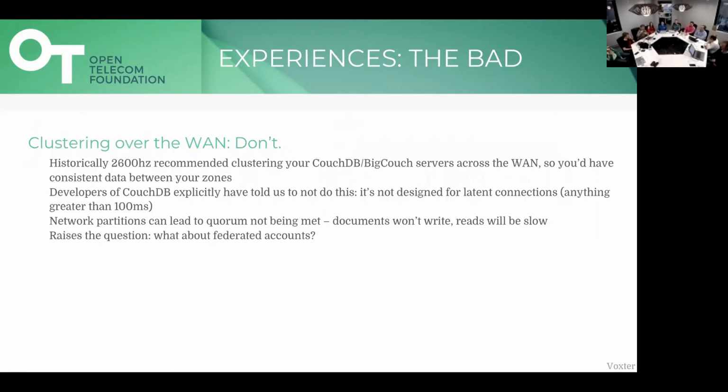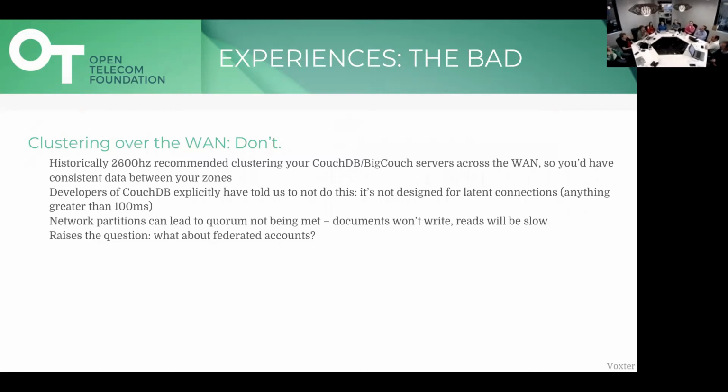Reads are slow because if it can't meet quorum on a read, you'll still get something, but they will note with the status code that the quorum was not met, but here's what we think we can give you, and writes just won't be performed. So we used to have a setup with 4 database server nodes in Vancouver, 2 in San Jose. Quorum on that setup is 4 nodes.